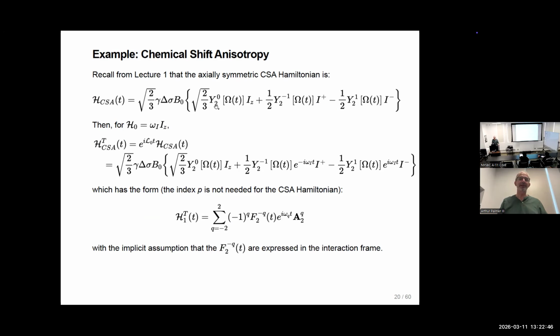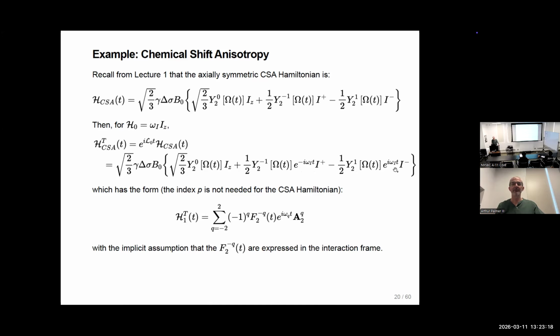Here, just to remind you, was an example of the chemical shift anisotropy Hamiltonian. If we do the transformation into the interaction frame, nothing happens to Z, that's a rotation of Z around Z. I plus picks up a phase factor minus i omega I t.